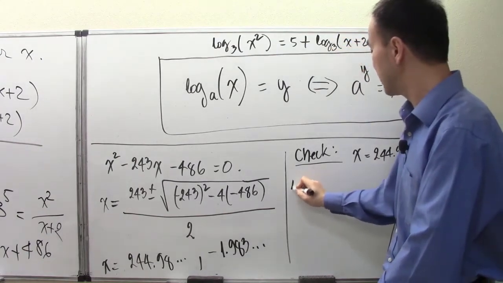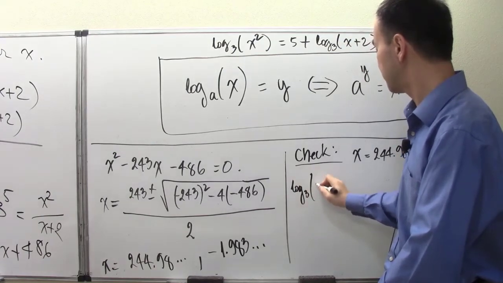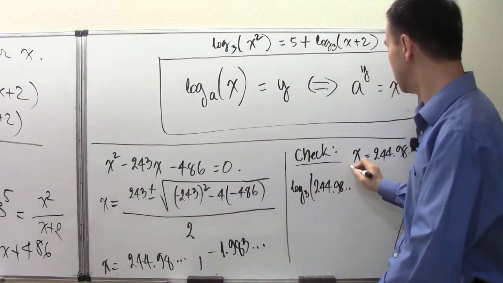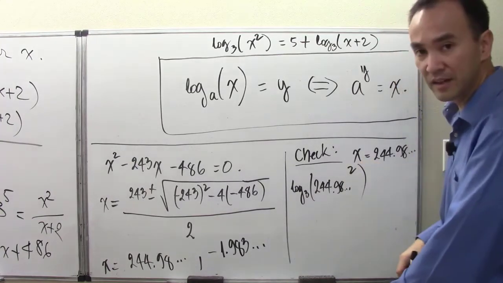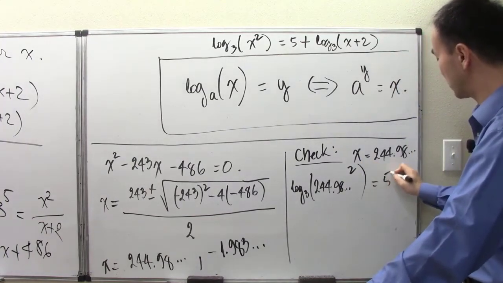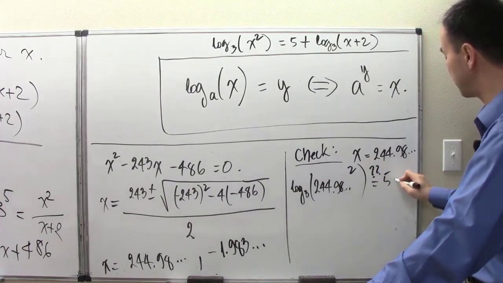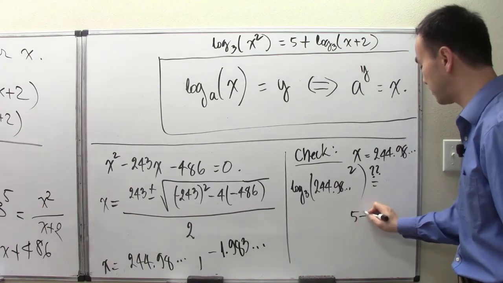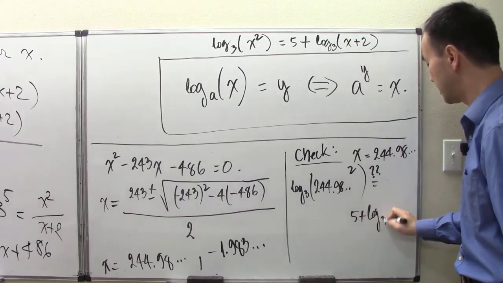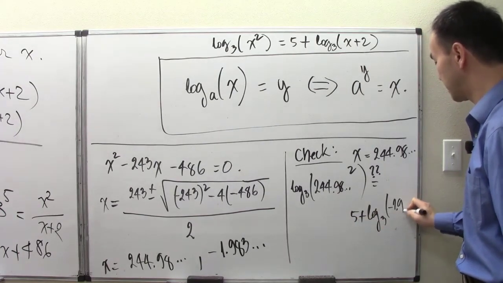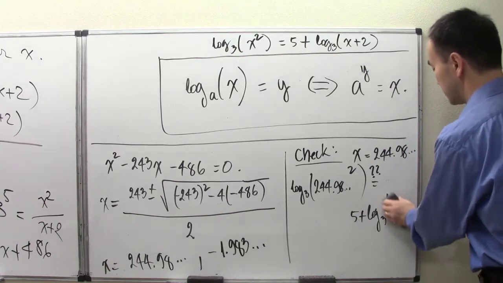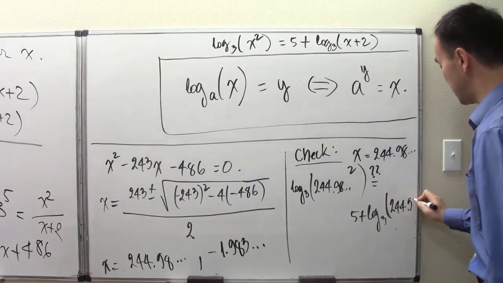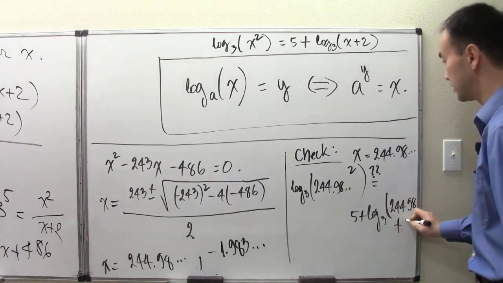So we're looking at the logarithm base 3 of 244.98 and a lot longer, squared. And we want to check if it equals 5 plus log base 3 of 244.98 plus 2.